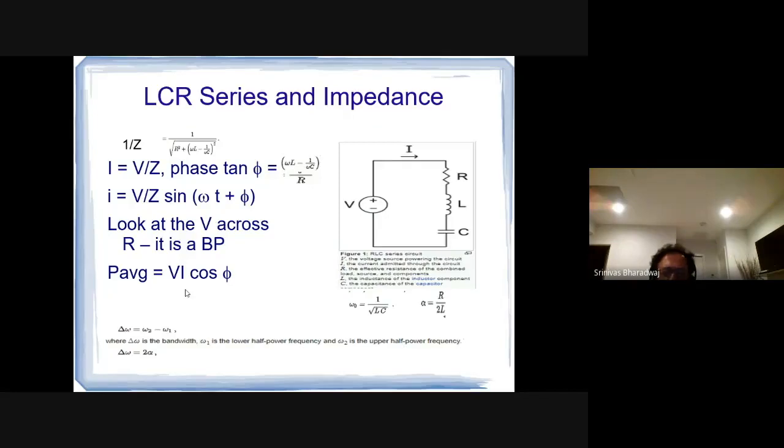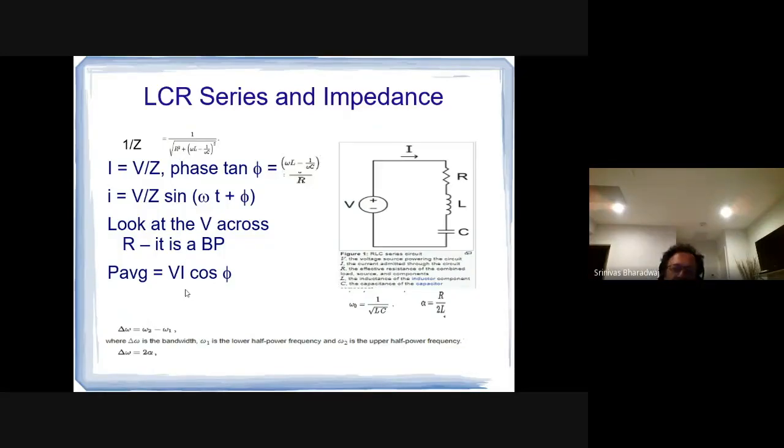Now, how do you measure that angle? If you had a complex number, the ratio of the imaginary to the real part will give you the tan of that angle. Right? If you have a complex number, has a real part, imaginary part, the imaginary divided by the real will give you the tan of the angle, right?